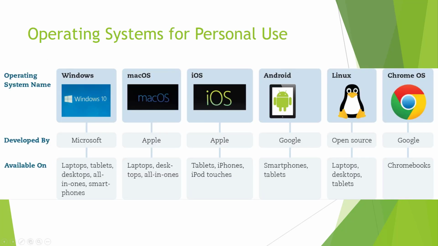Now, when it comes to operating systems for personal use, we have a bunch of different options. Starting on the far left, we have Windows 10. This is probably the most used desktop operating system out there. Not specifically Windows 10, but Windows in general.